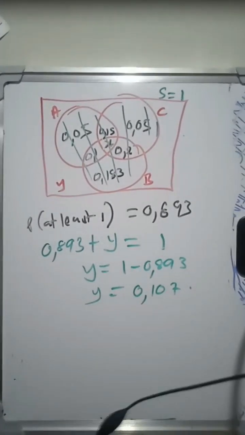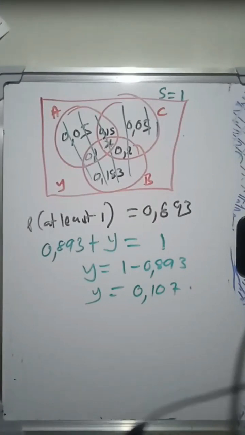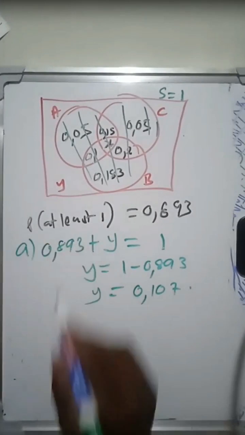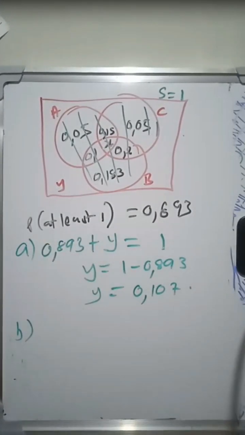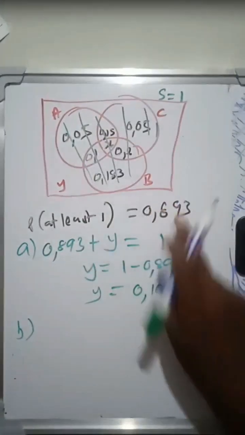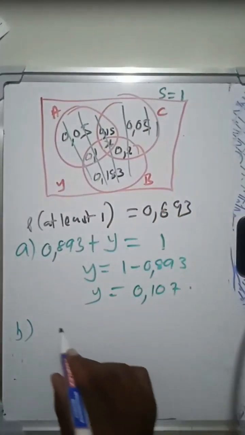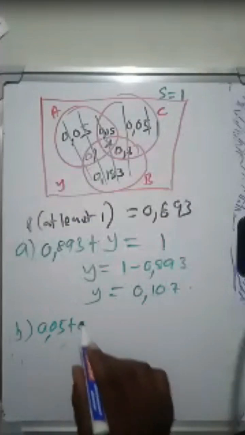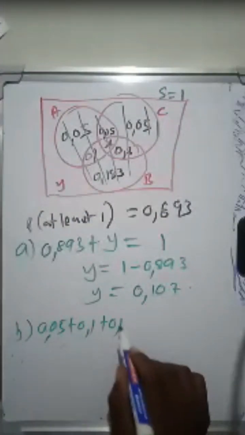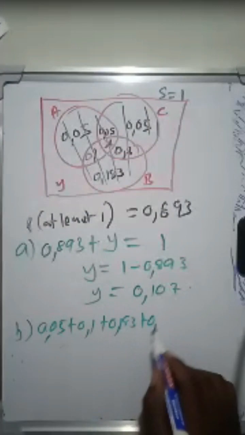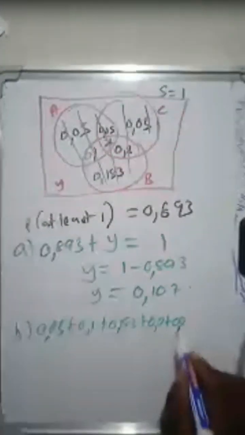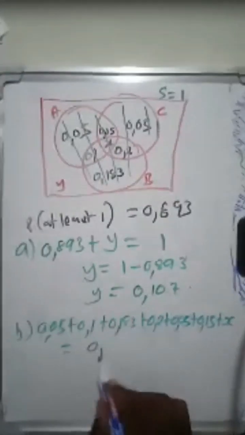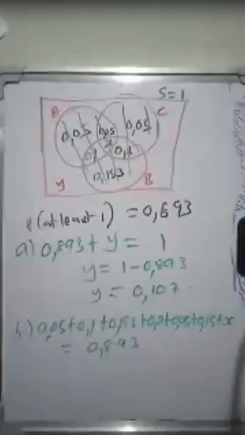Then, now, they say X, the probability that all three will occur. So number B, that was number A. Then number B should be simple. Remember that if we add everything here, we get 0.893. So 0.05 plus 0.1 plus 0.183 plus 0.2 plus 0.05 plus 0.15 plus X should give us 0.893.